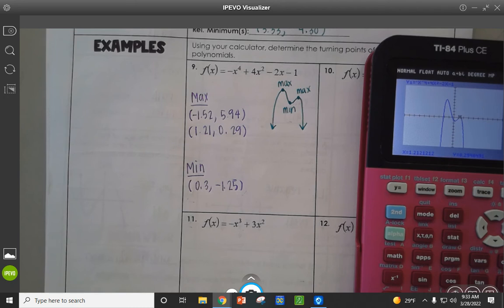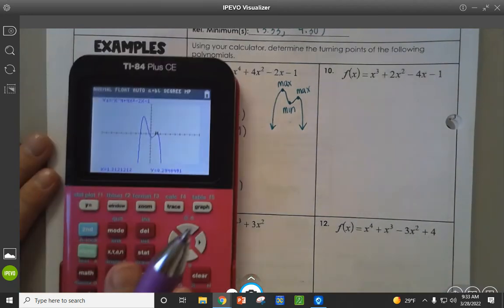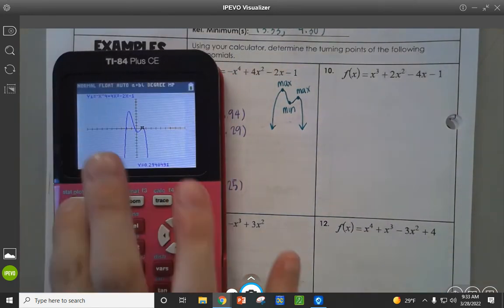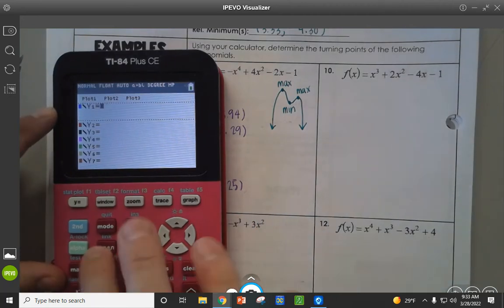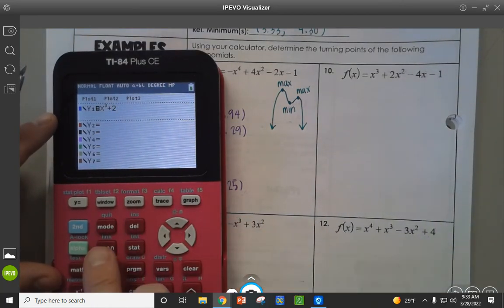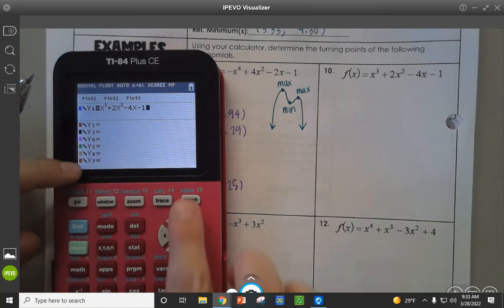Any questions on finding these? Let's do number 10 together, and then I'm going to let you do 11 and 12 on your own. So x cubed plus 2x squared minus 4x minus 1.